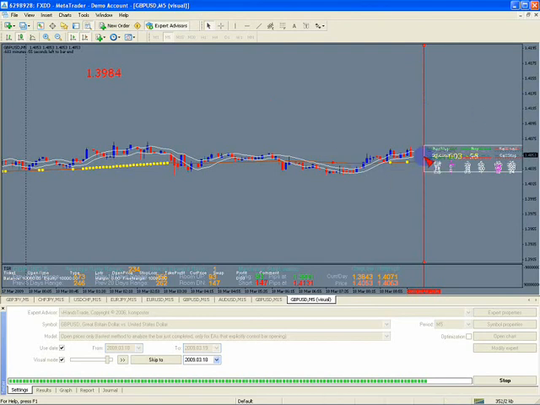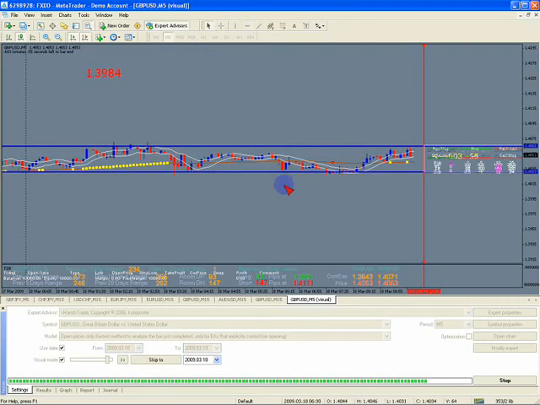I'll show you my setups and the way I go through my methodology for each day's trading. First of all, I look at the lines of support and resistance. As you can see, there is a clear line of resistance, and there's a clear line of support.